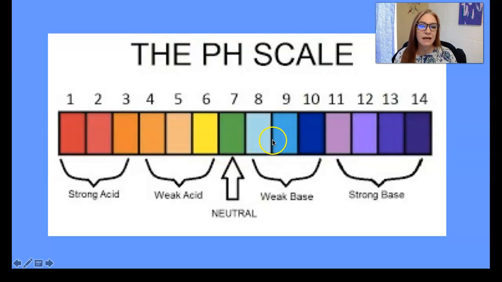And then the bases are at the top. And everybody always talks about how acids are scary and ooh, battery acid and oh, acids. But remember, bases are just as caustic. They can be just as harmful as acids, just for different reasons. It's a different ion that can cause damage to tissues and cell membranes.